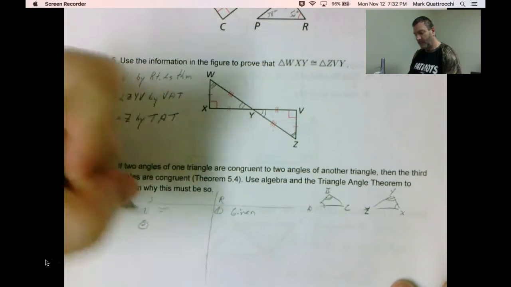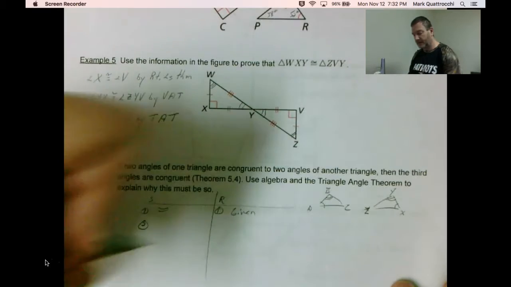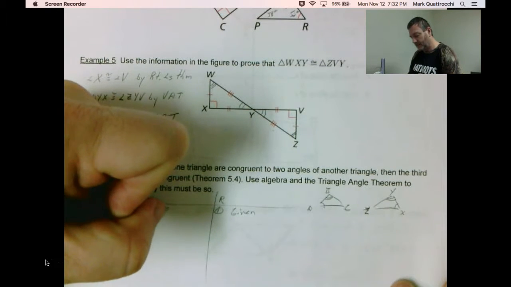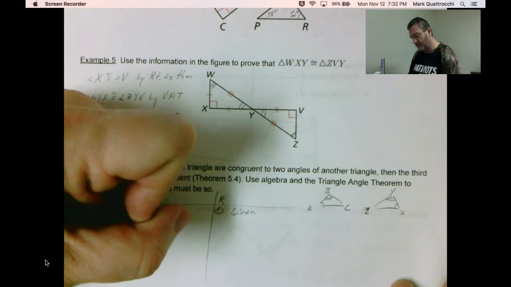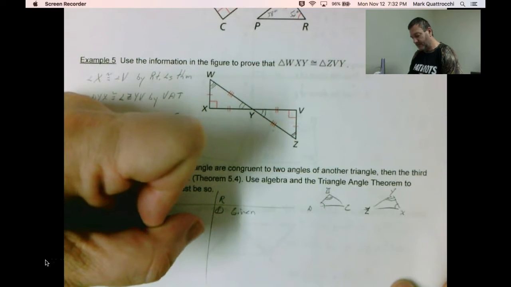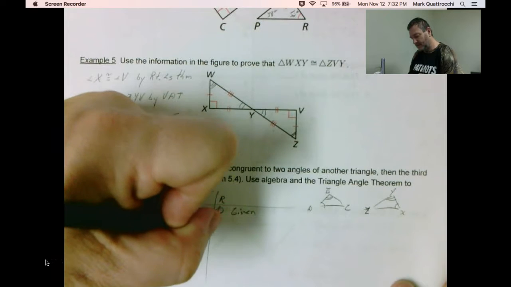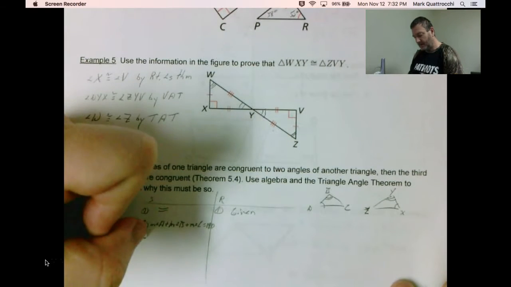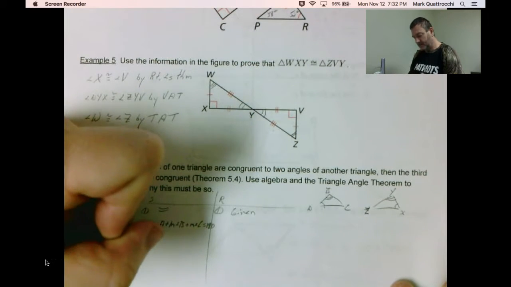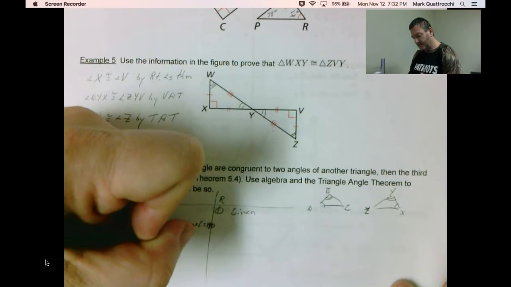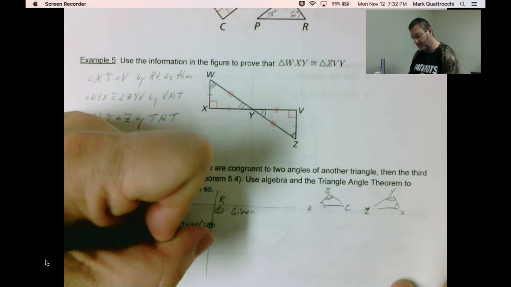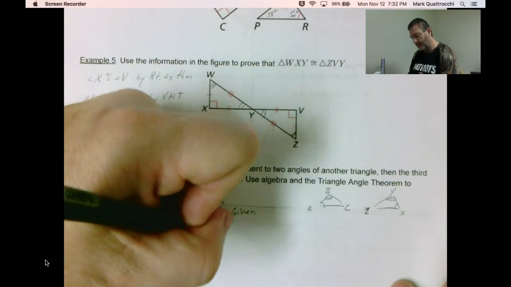Statement 2. These are triangles. What do we know about triangles? Well, we know that the measure of angle A plus the measure of angle B plus the measure of angle C equals 180. And the measure of angle X plus the measure of angle Y plus the measure of angle Z also equals 180. How do we know that?